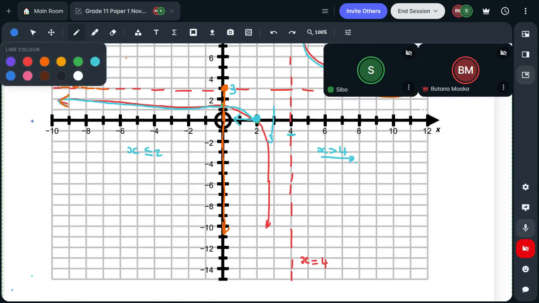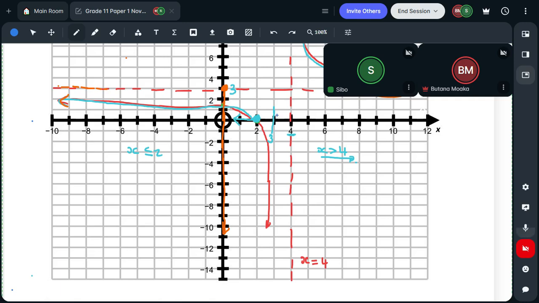I indicated where the 3 is for the y. You look at this, that's the 3. And now the graph, the blue part, all the y values are less than 3. Can you see that? Yes.